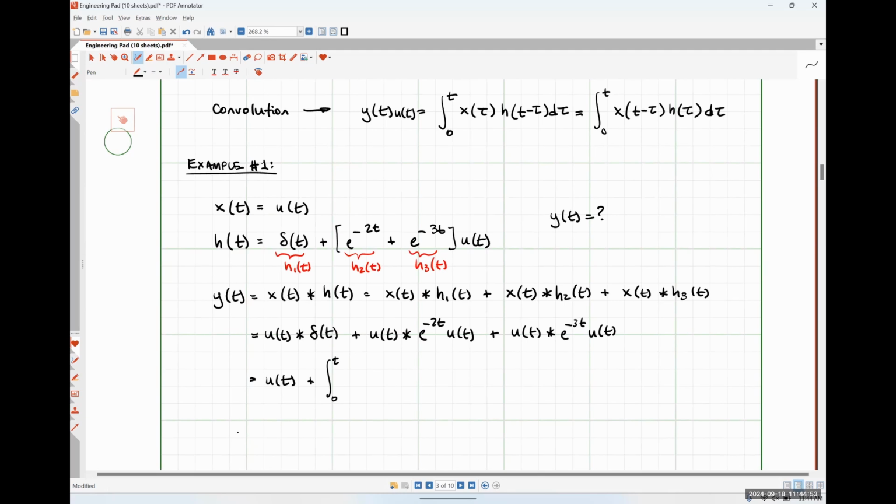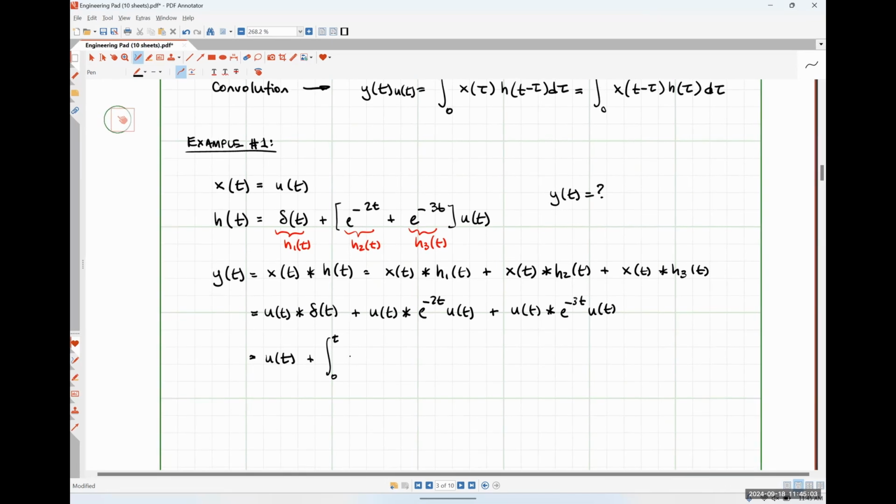All I'm doing is replacing the variable in my input function from t to tau. Now I'm going to replace the variable of my impulse response function with t minus tau. So that turns e to the negative 2t u of t into e to the negative 2 times t minus tau, u of t minus tau.